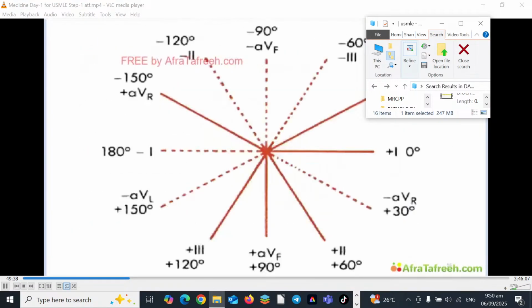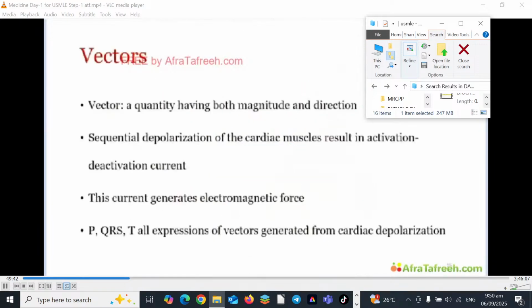Now we understand the concept of vectors. A vector is basically anything which has a magnitude and has a direction. Okay. So it means that it should have a particular direction, like it flows from the west to the east, and it should have a particular quantity attached to it.